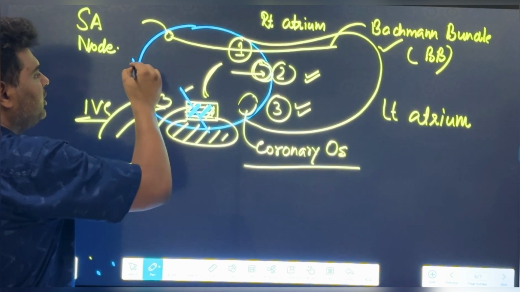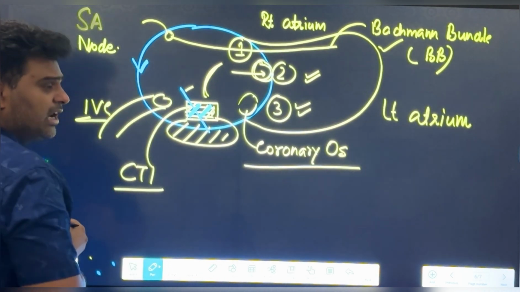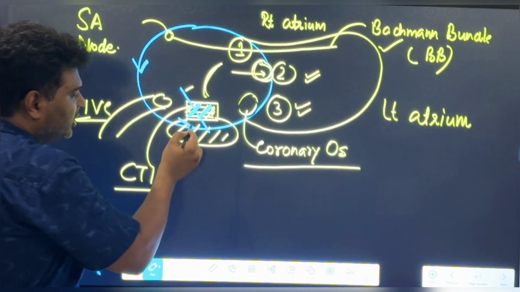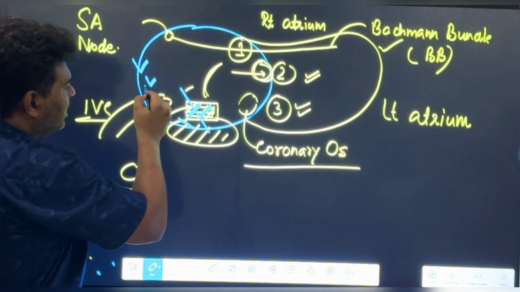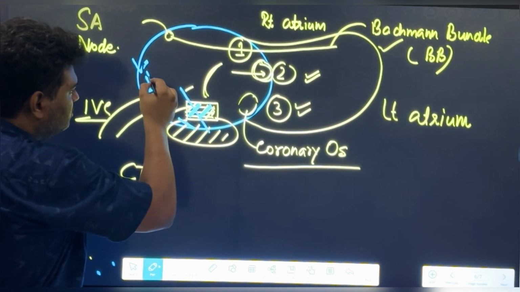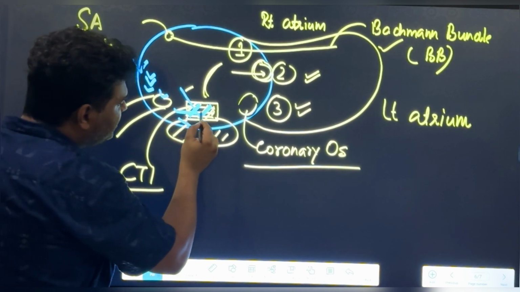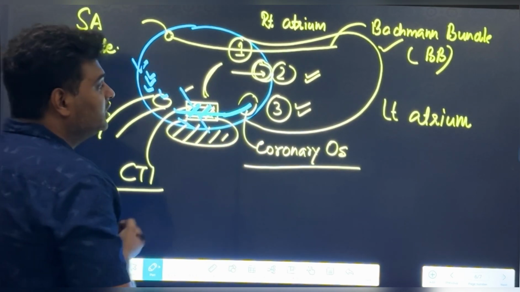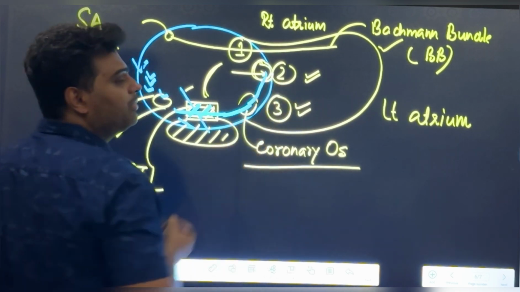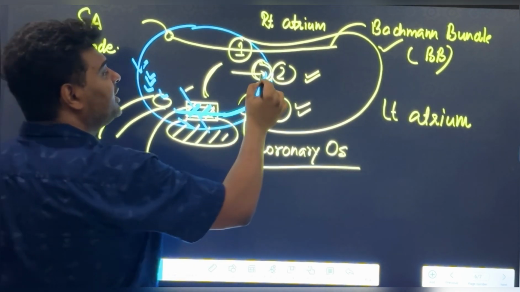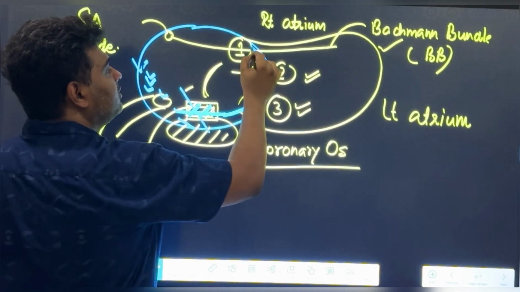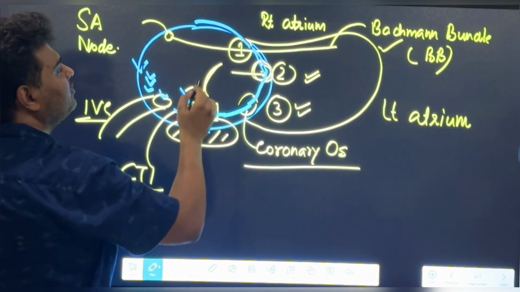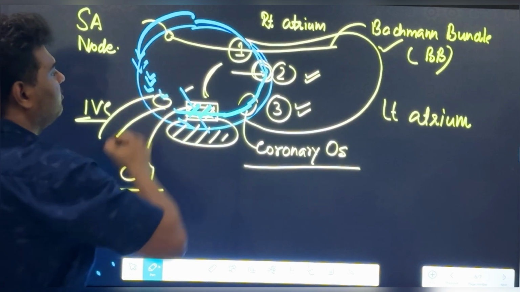It is coming through the lateral wall of the right atrium, then it passes to the CTI, then to the coronary os, then to the fossa ovalis, then to the Bachmann bundle, then to the superior surface, and then it again comes to the lateral wall.